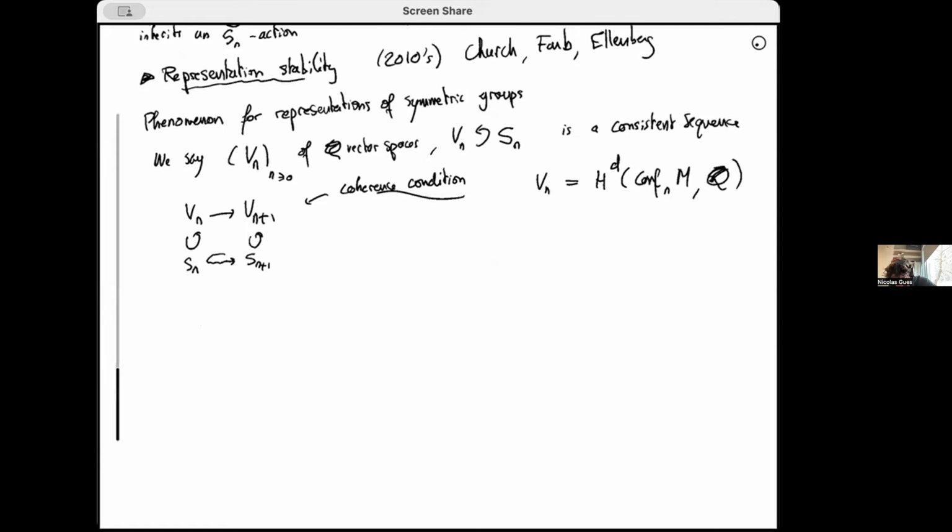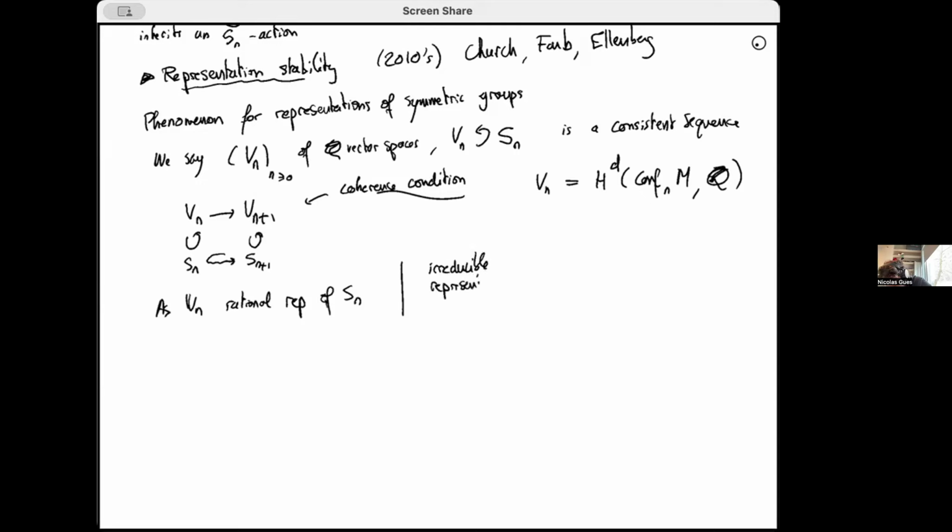And as Vn is a rational representation of Sn, you can ask what is its decomposition into irreducibles, because we know that irreducible representations of Sn are classified.